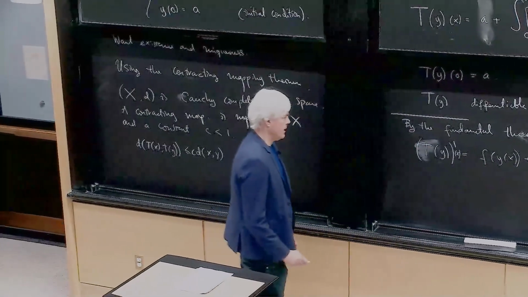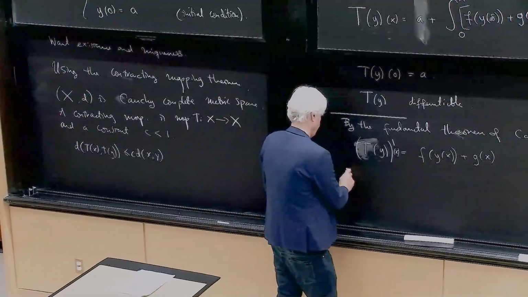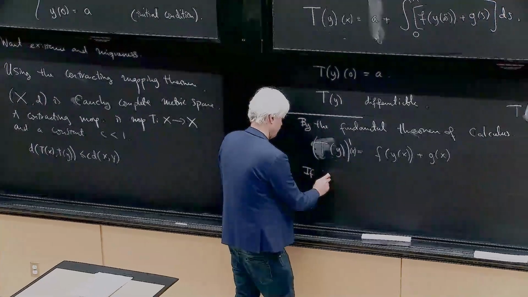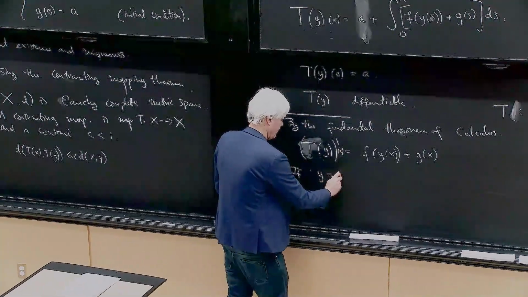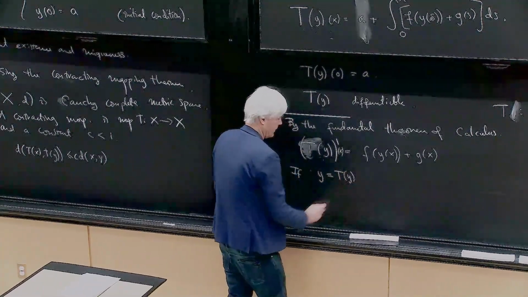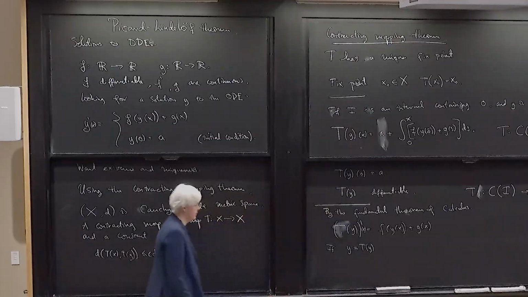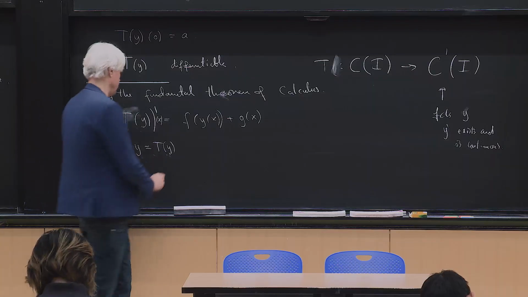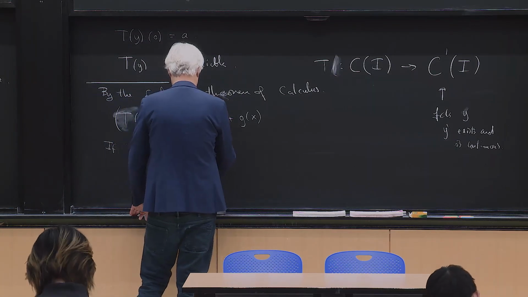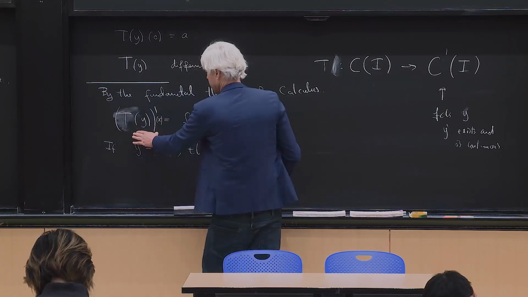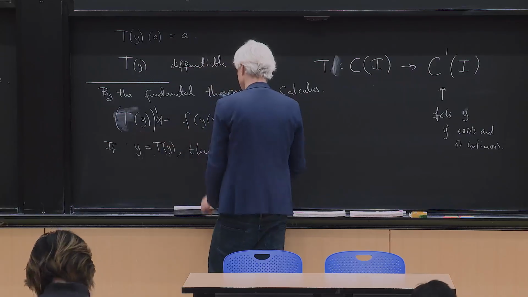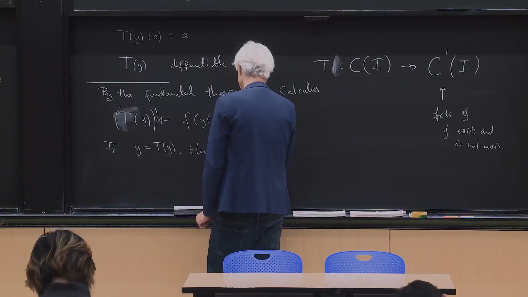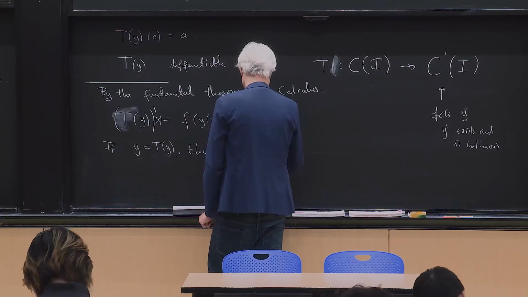And so this means that if y is a fixed point for the map T, which just means that T of y is equal to y, then this thing here is the derivative of y. So it means that y here solves the ODE.